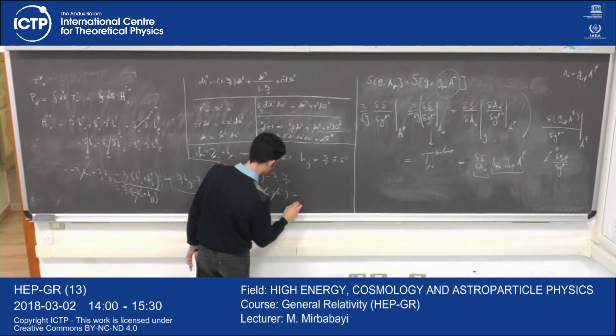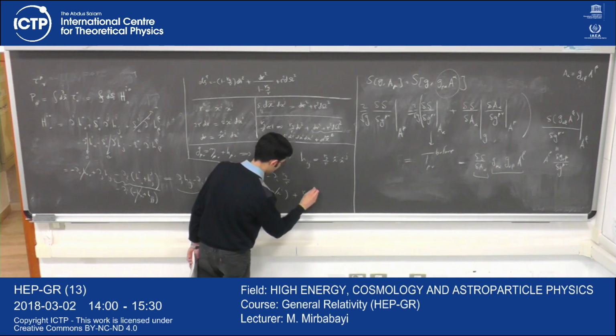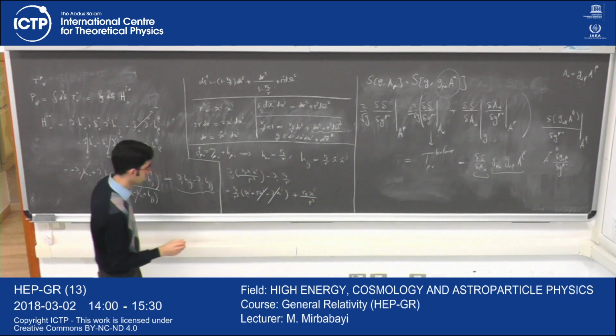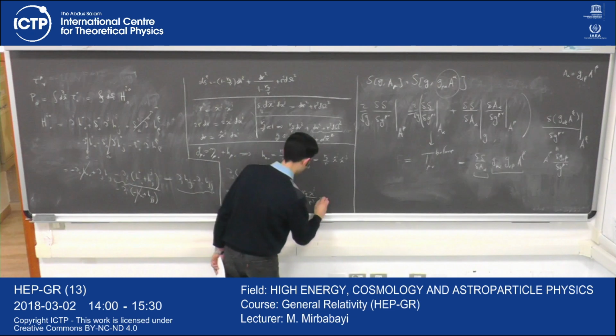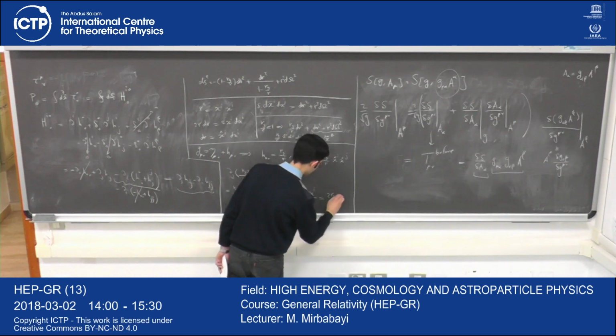And from here I get plus Rg xi over R cubed. So if I combine them together, I get 2Rg xi over R cubed.